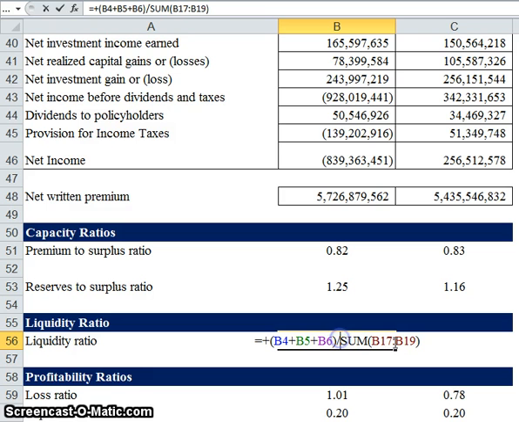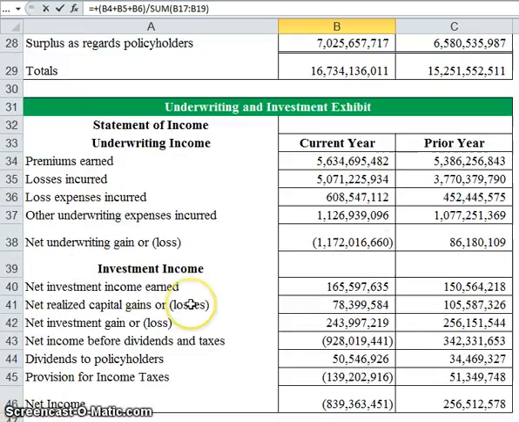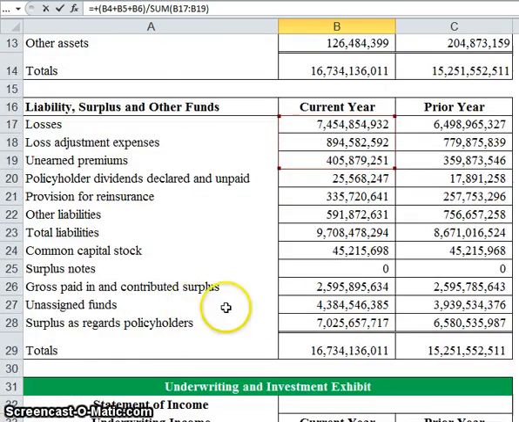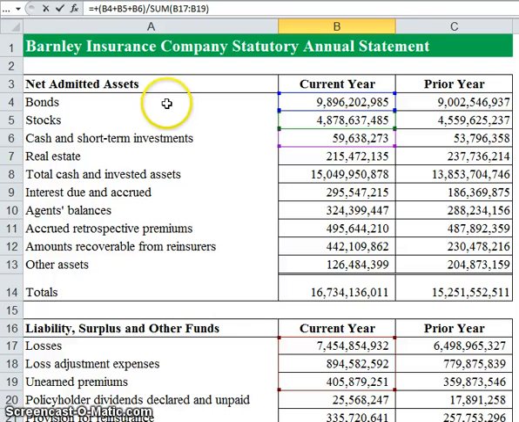Double-clicking. The formula here shows us that the numerator in our fraction includes the three classes of liquid assets. We can see here it includes the bonds, stocks, and cash. Blue, green, purple.